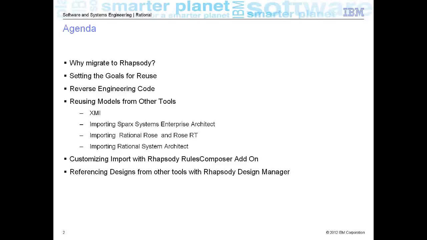There are a lot of reasons you're trying to move to Rhapsody, and you need to make sure you have a clear goal in mind before you start that migration. Then we're going to talk about some of the different capabilities Rhapsody has with reverse engineering code and importing from other tools, and then Tom is going to go over the rules composer and how that can be used to do model transformations and things like that that can bring in a lot of data that you might want to bring in to Rhapsody.